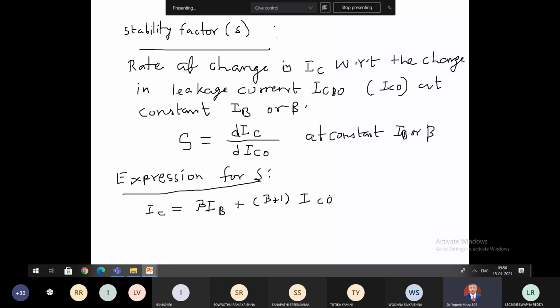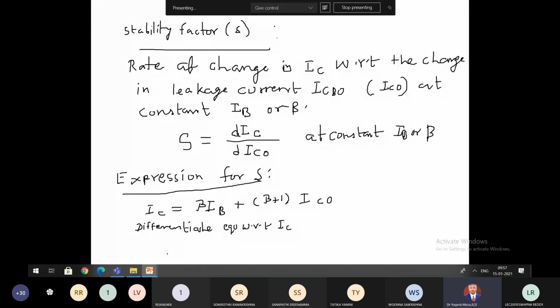Now what I will do, I will differentiate this equation with respect to IC.